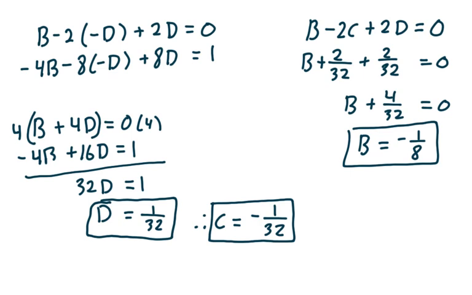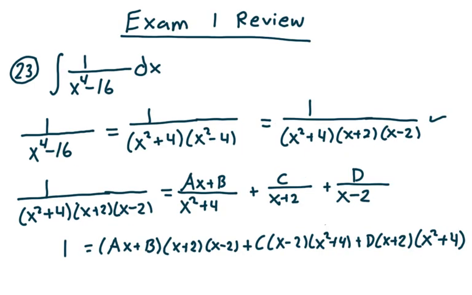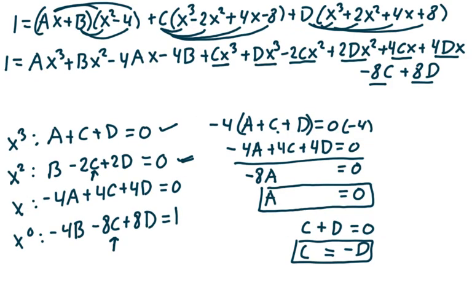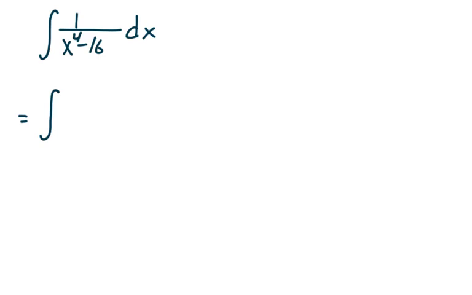Okay, now we're ready to put everything together. So I'm going to get the integral of 1 over x to the 4th minus 16 dx equals the integral of, now let's go back, a is 0. b, let's remind ourselves, b is negative 1/8. So I get negative 1/8 divided by x squared plus 4.